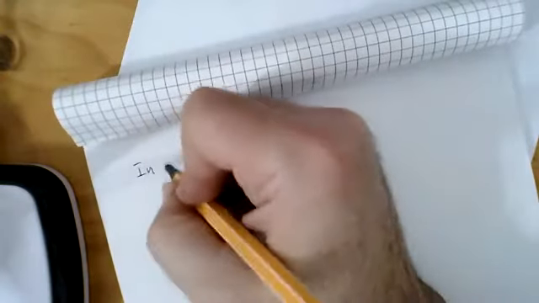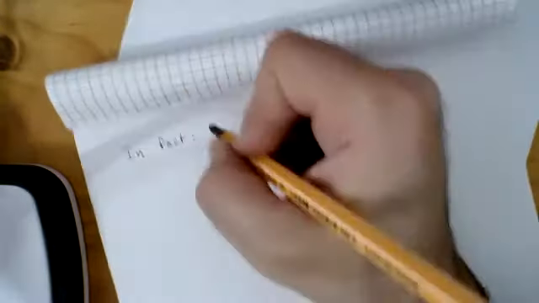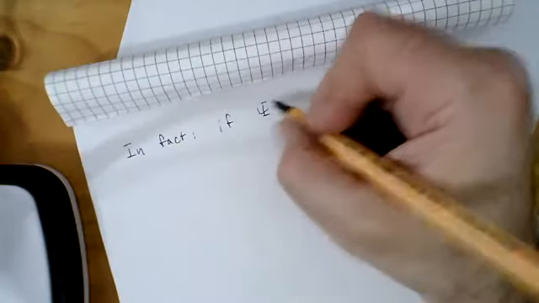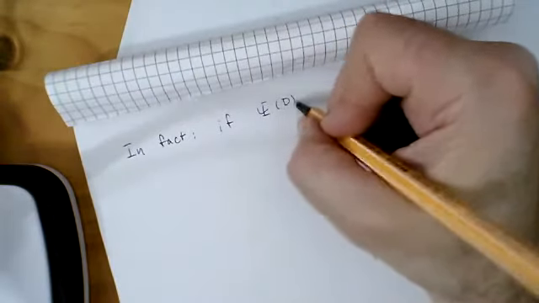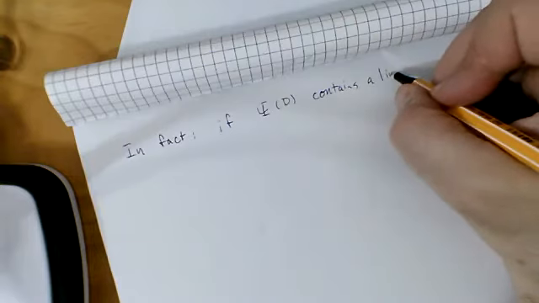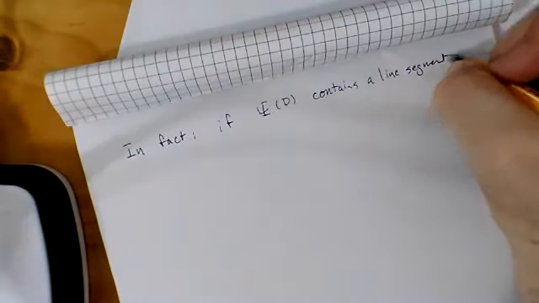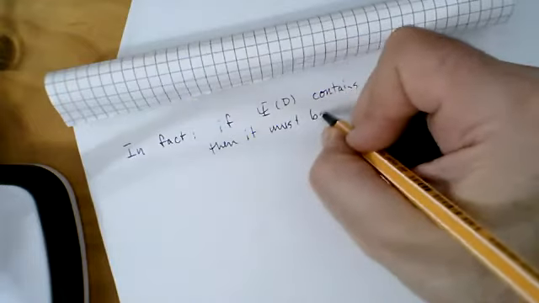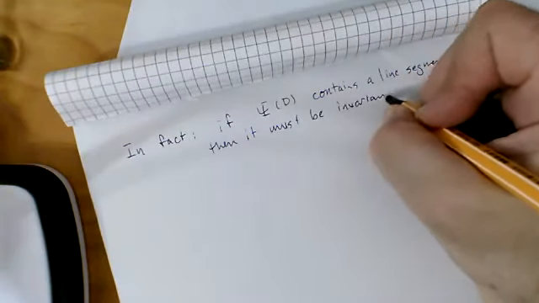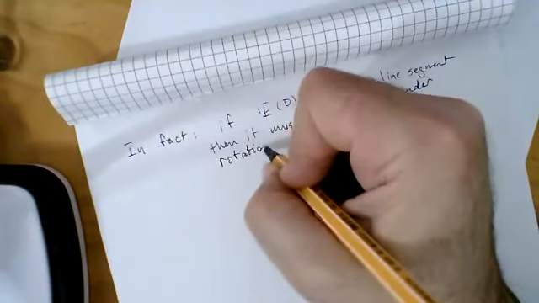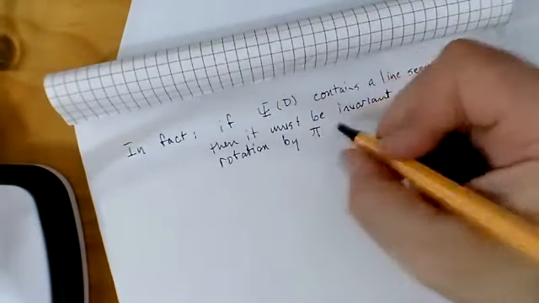In fact, if my minimal surface contains a line segment, then it must be invariant under rotation by an angle of pi about this segment.